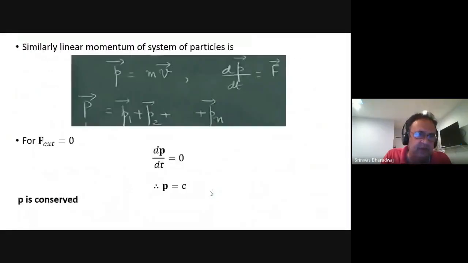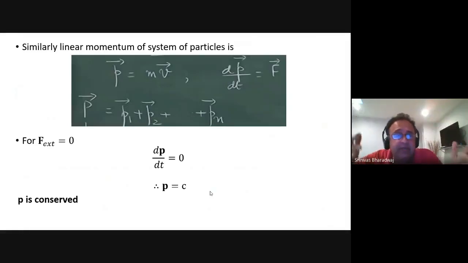When you take Newton's first law and second law, if there is a system of bodies which don't have an external force, then you can say that its momentum will be constant. dp by dt will be 0 because there is no external force. Why is dp by dt 0? F is equal to ma. There is no F. If F is 0, then dp by dt will be 0. If dp by dt is 0, that means P is constant.